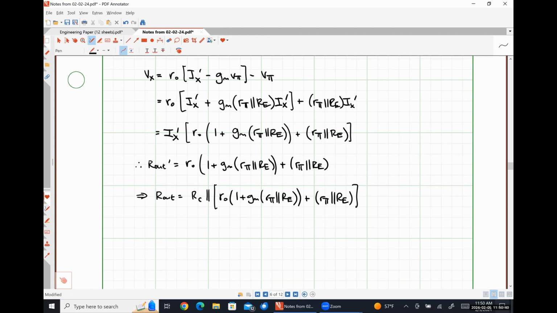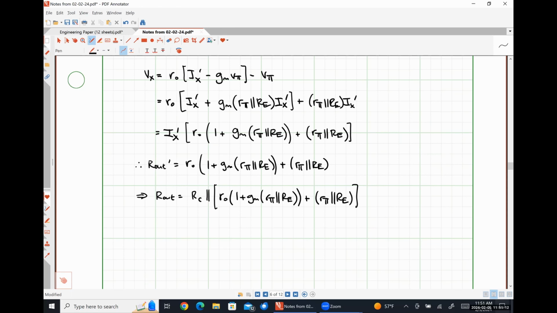So realistically, in a common emitter amplifier that's utilizing emitter degeneration, it's just going to make the output resistance look more like RC by itself, because we know that when we have two resistors in parallel, it's going to look closer to the smaller resistor. And RC will practically always be much smaller than all this over here on the left.